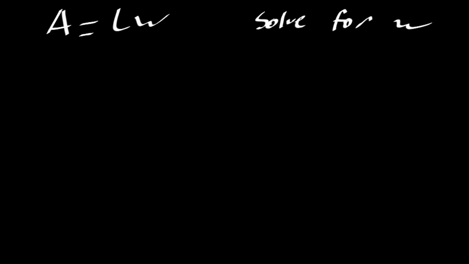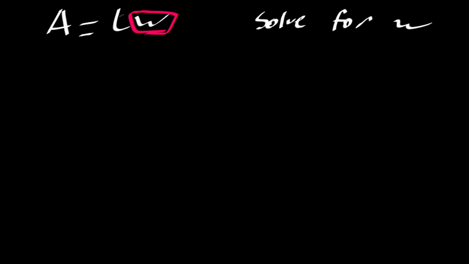Let's say I've got A equals LW. So L times W. And I want to solve for W. Once again, I want to isolate W just like I would any other equation.